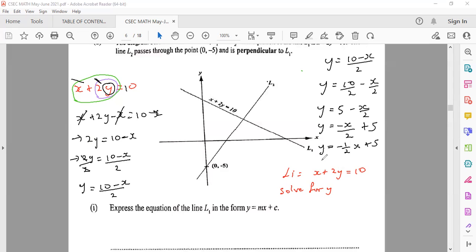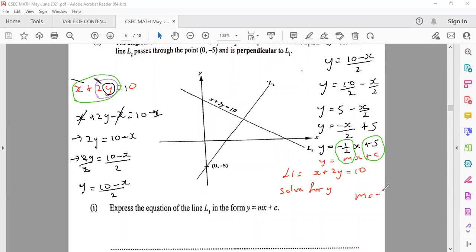It says y equal to mx plus c. So m is equal to negative a half, and the c is equal to 5.